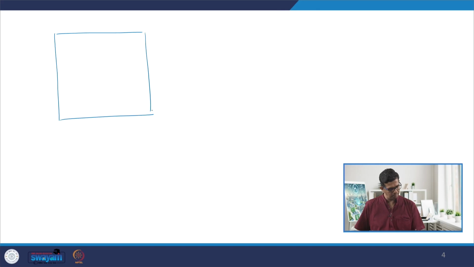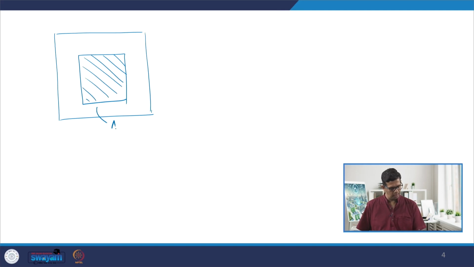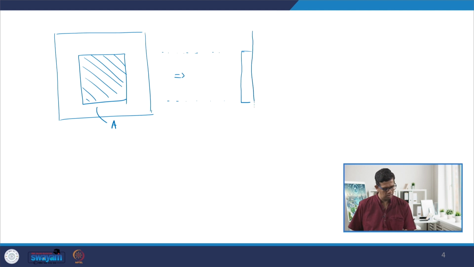this is my area of the electrode. So if I look from the side view, this is my electrolyte, and this is my GDL or the electrode.